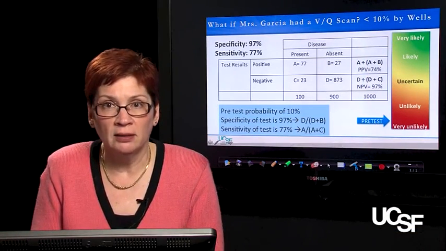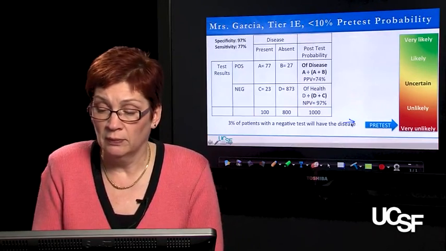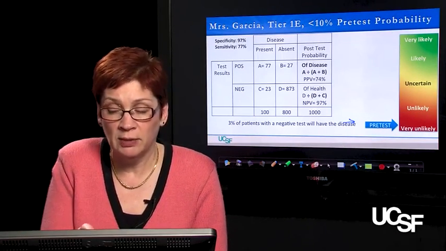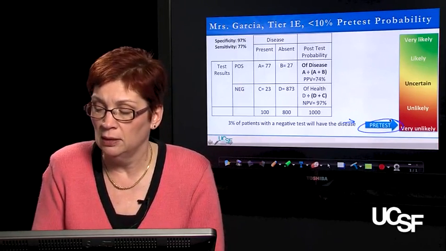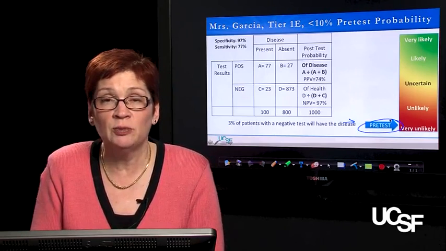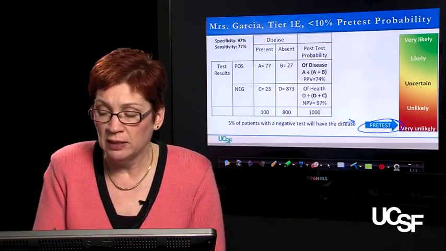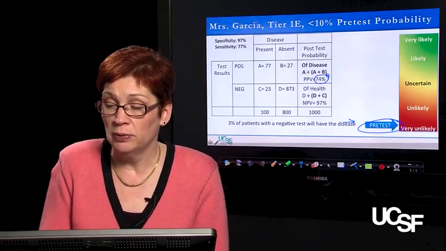So how does that affect our post-test probabilities ruler? Again, the same slide with the same calculations, just a little bit more space over here, pretest probability indicated here. If the test is positive, that moves our pretest probability from 10% to 74%.